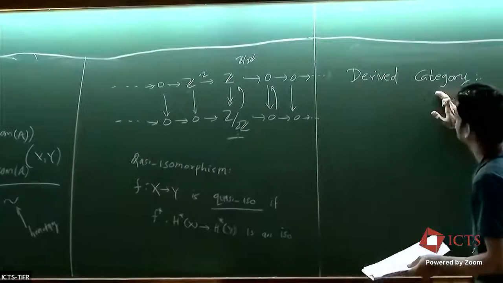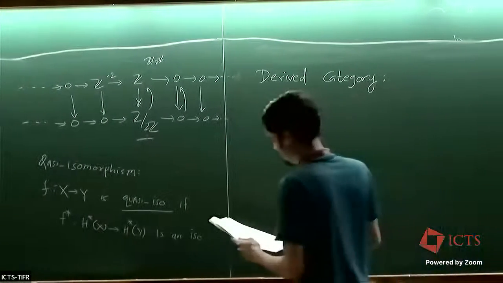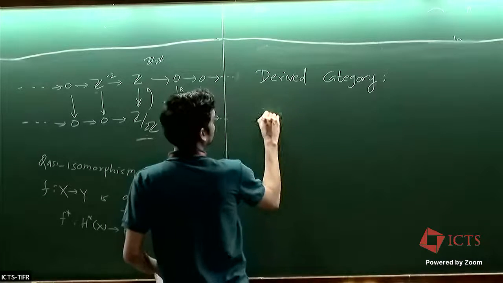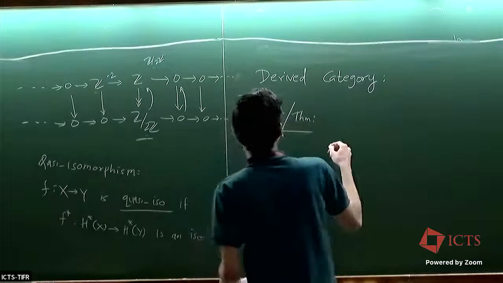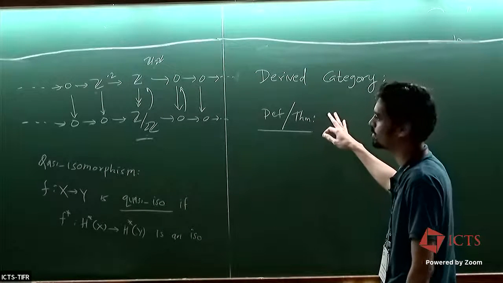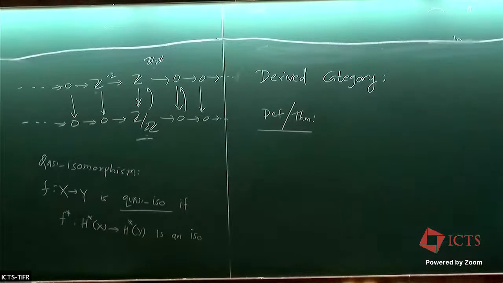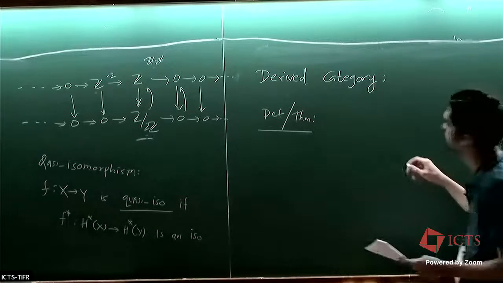This definition should remind you of localization that we saw yesterday. This is a definition/theorem. Whatever I don't prove here, you can find in the book by Gelfand and Manin, Homological Algebra.